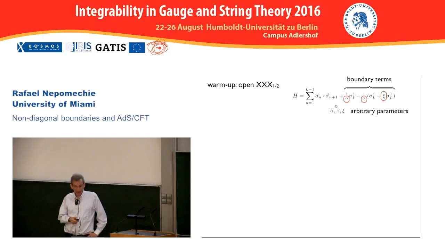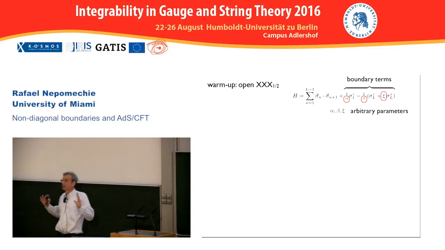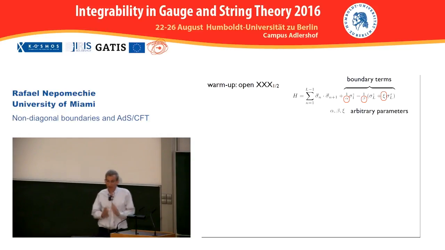And these parameters here, alpha, beta, and c, are just some arbitrary parameters. They correspond physically to having some boundary magnetic fields. And I should emphasize that there's nothing pathological about this model. If I let alpha, beta, gamma, c be real, this is a perfectly Hermitian Hamiltonian, has a complete spectrum, everything is okay.